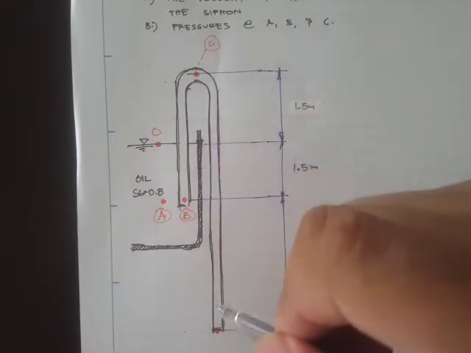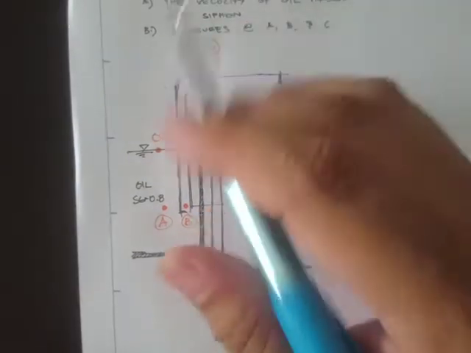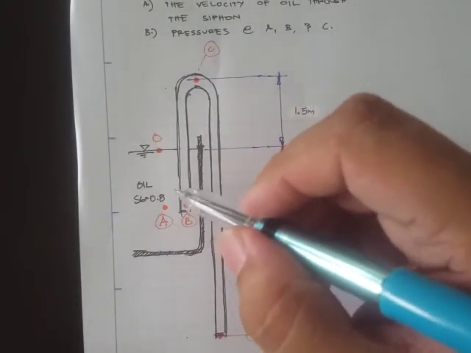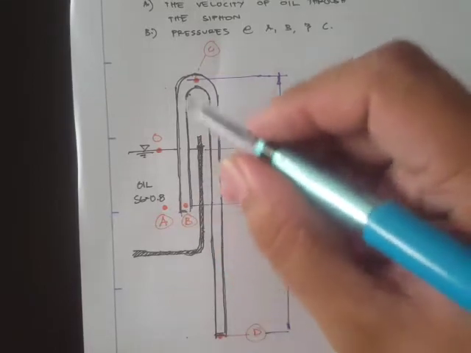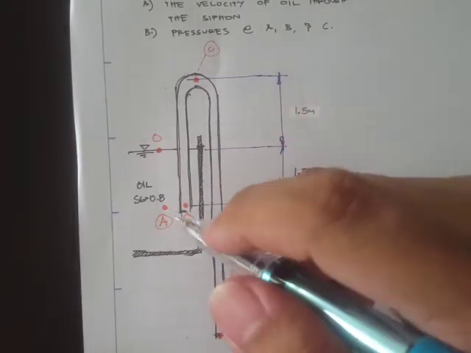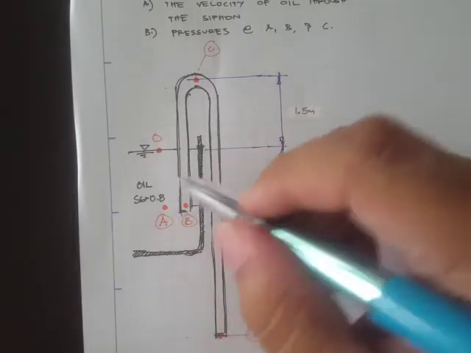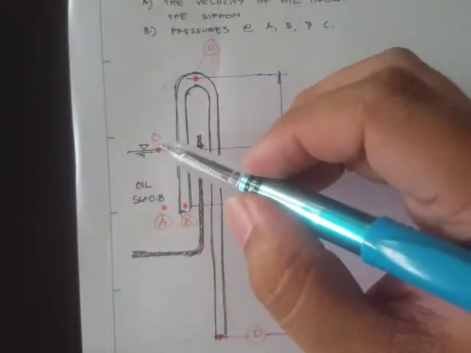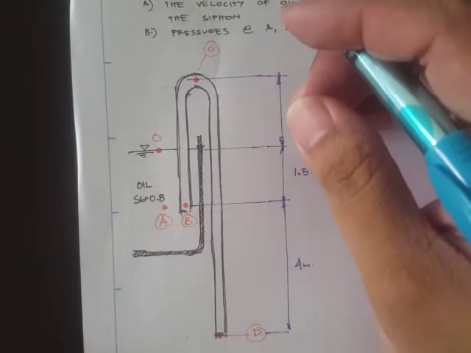A siphon is actually a passage of this oil, and there will be a flow rate inside this, because the working principle behind it is the pressure difference.